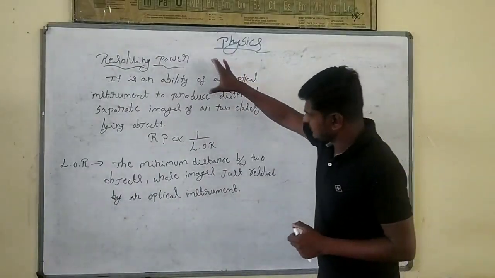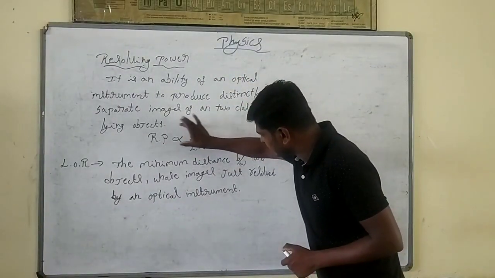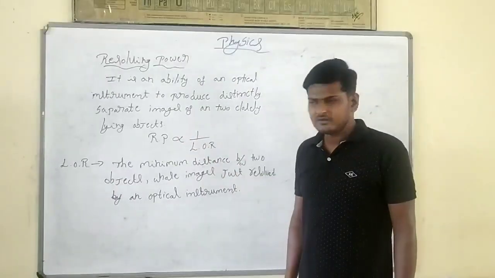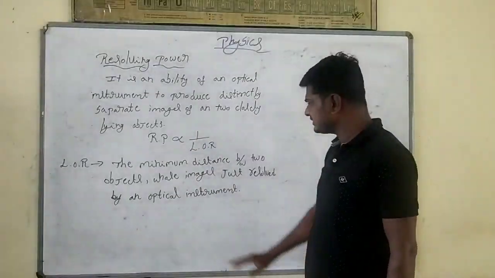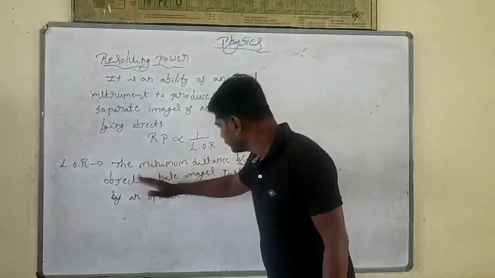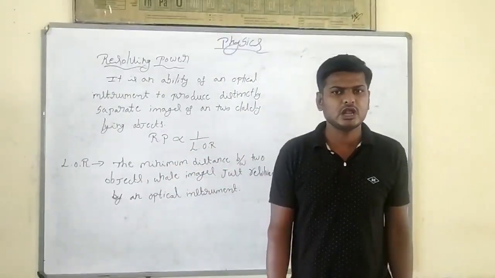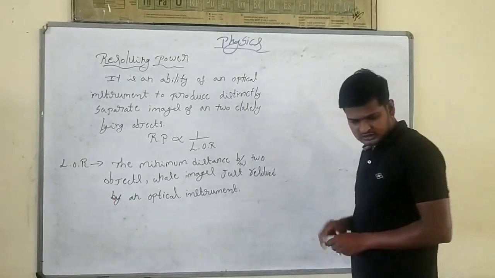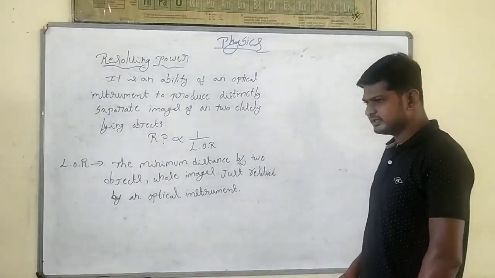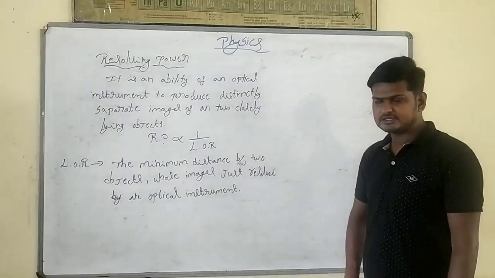Resolving power is inversely proportional to limit of resolution. Limit of resolution means the minimum distance between two objects whose images are just resolved by an optical instrument. To explain the concept simply, I am going to take one simple example.